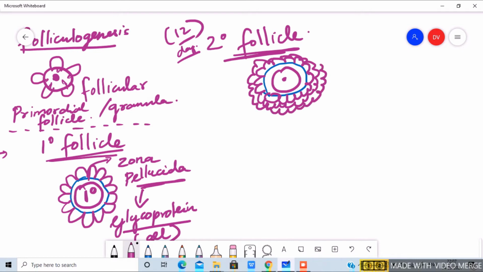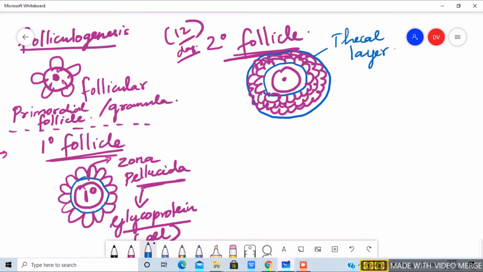That much development will happen, and surrounding that a layer will form. That layer is known as the thecal layer. The thecal layer forms in the secondary follicle.